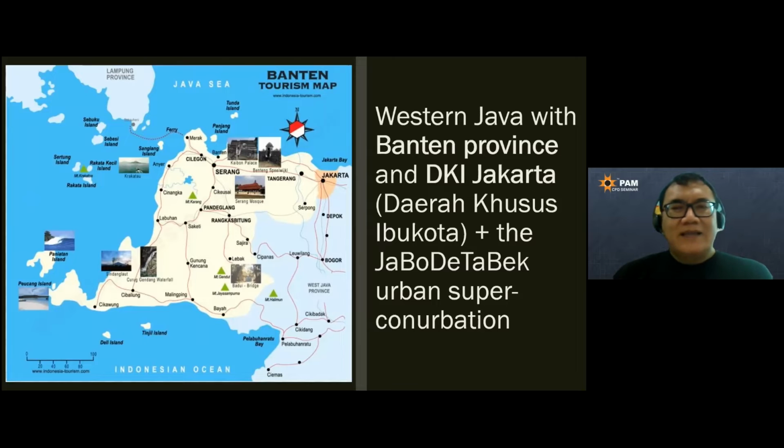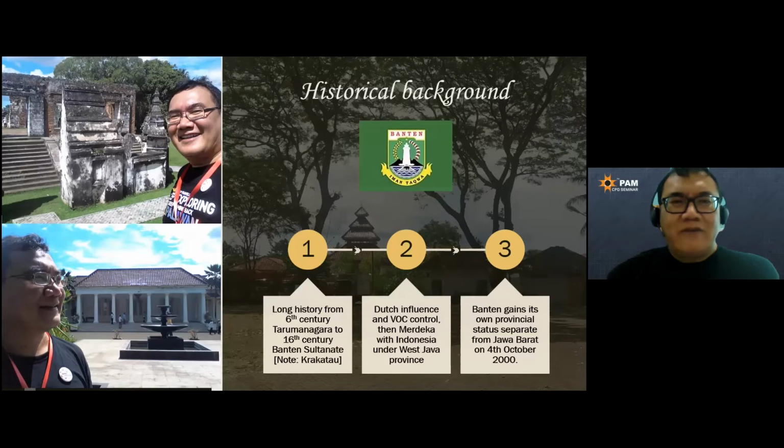Next, a little bit on the historical background of Banten Province. I have simplified, maybe oversimplified it into three parts for us to easily understand. Of course, there was the earlier history before colonialism, and that is very long. If you understand that even our lovely little state of Perlis also has Neolithic remains from our ancestors, then of course even Banten has them as well.